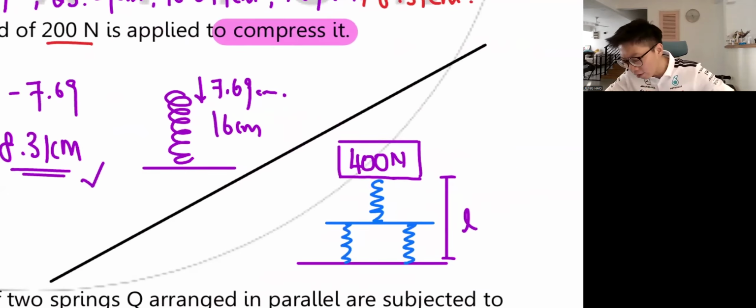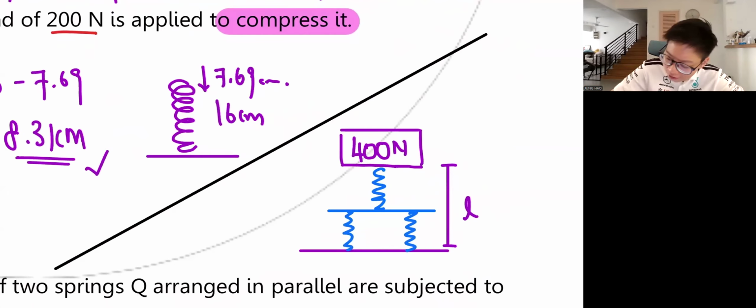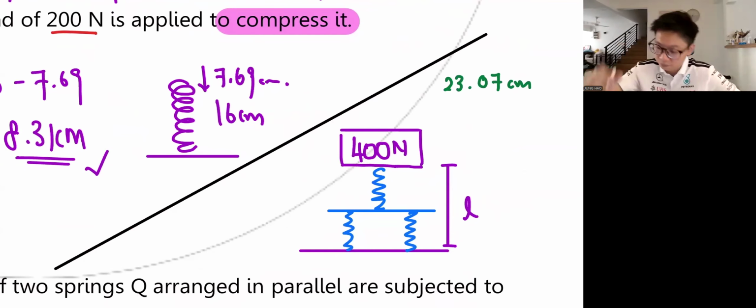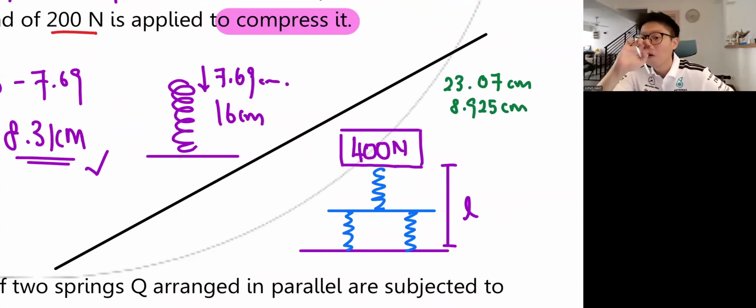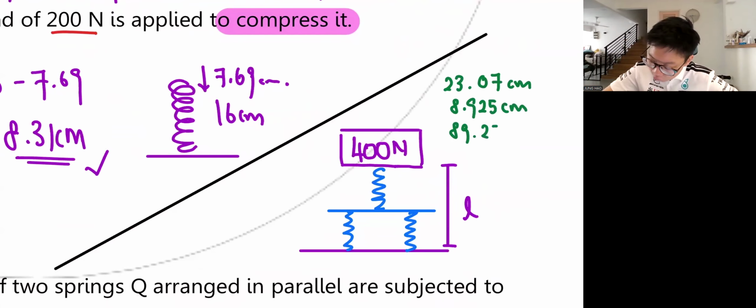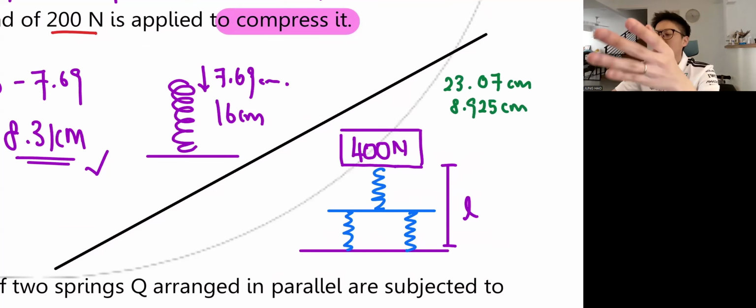Okay, guys, let's just write down all the possible answers first. Okay. We got 27.07 cm as the total length. Okay, come on. We got 8.925 cm some more. 89 cm. 89, sorry. 89.25 cm. Oh, sorry. Okay. Nah, see?